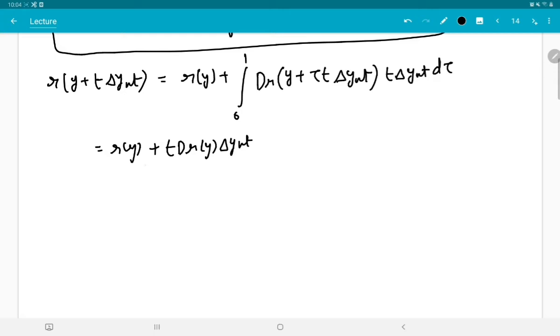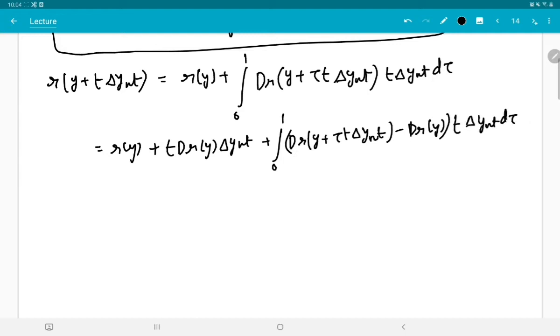So now we have this term plus the integral of Dr of y plus tau t delta y nt minus Dr y, this whole thing times t delta y nt d tau.